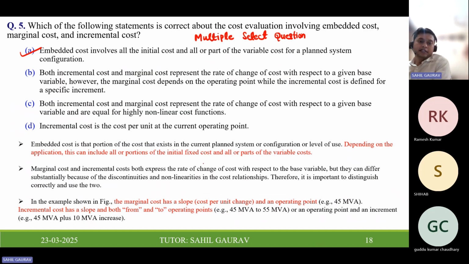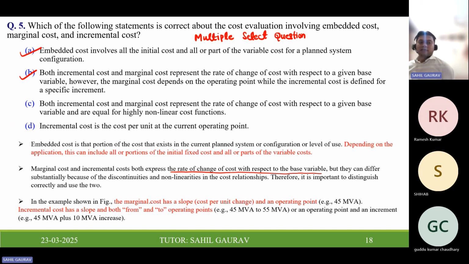Both incremental and marginal cost express the rate of change of cost with respect to a given base variable, but they differ because of discontinuities and continuous cost relationship. Marginal cost has a slope, while incremental cost is defined for a specific increment, like from and to operating points. So both A and B are correct.